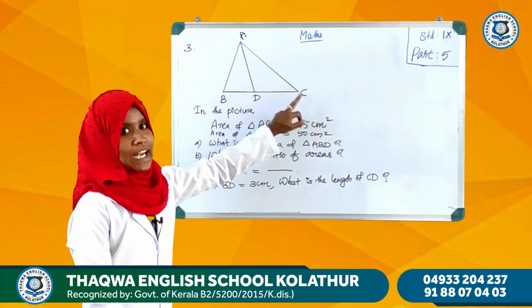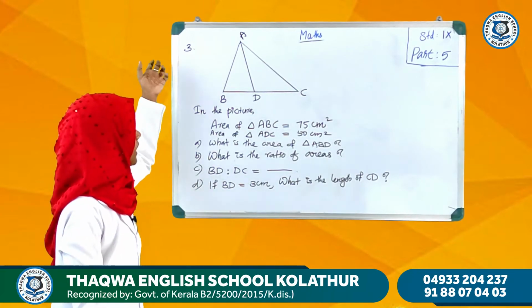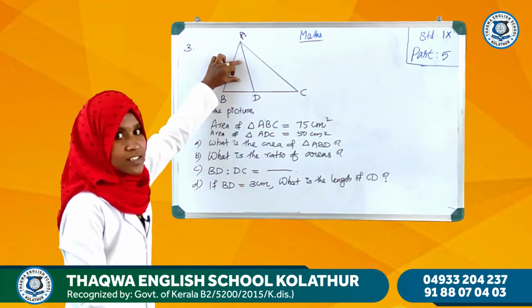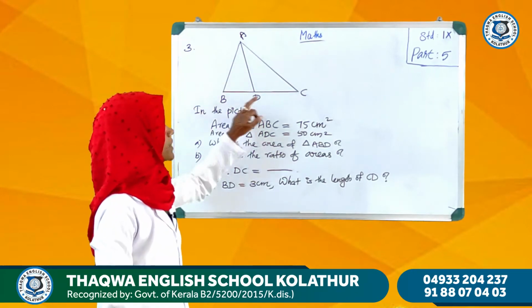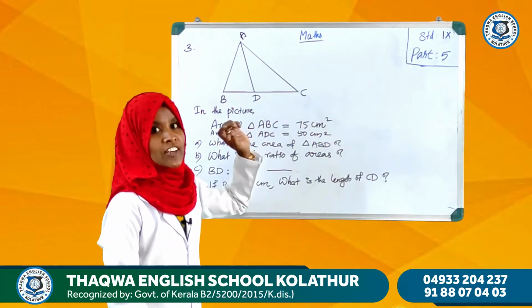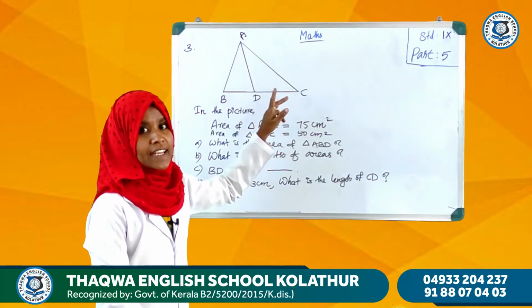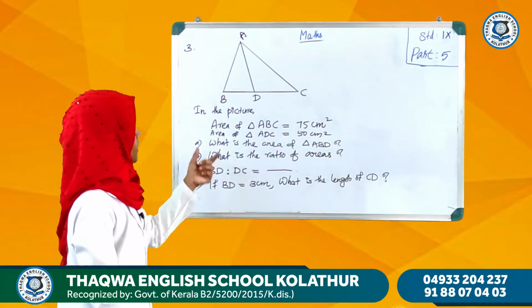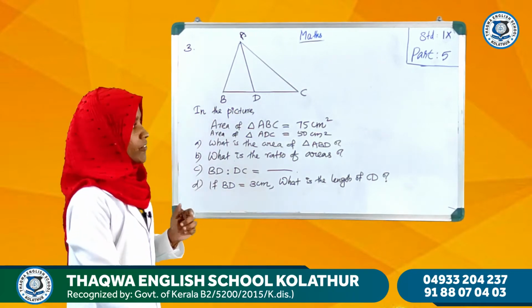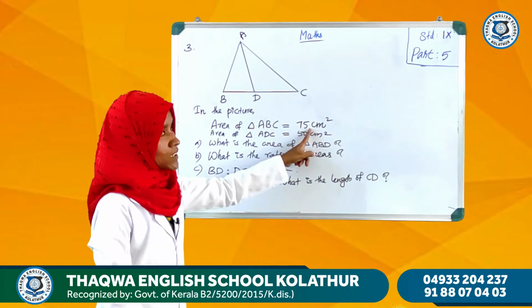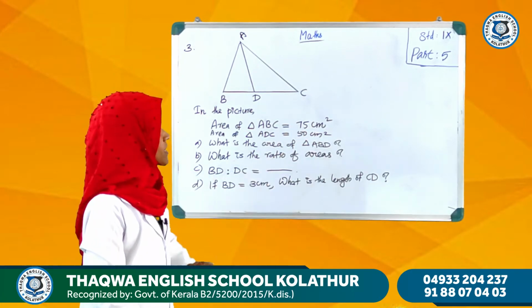We have one triangle ABC, and the line AD divides triangle ABC into two smaller triangles, triangle ABD and triangle ADC. Some conditions are given. First, area of triangle ABC is 75 square centimeters.